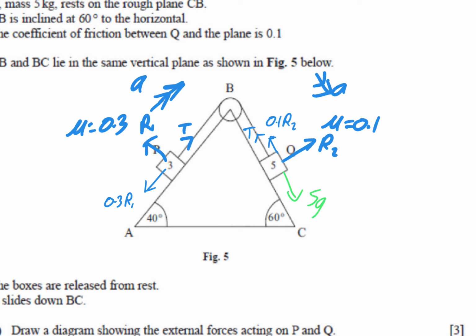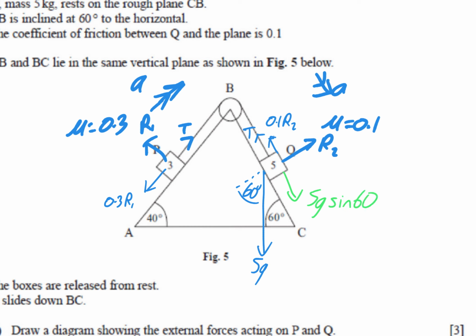So 5g times, and what you should mark on as well is this wee angle here. If you've got your 5g going vertically down, this angle is going to be 60 degrees, and you don't have the angle going down this way, so you use sine.